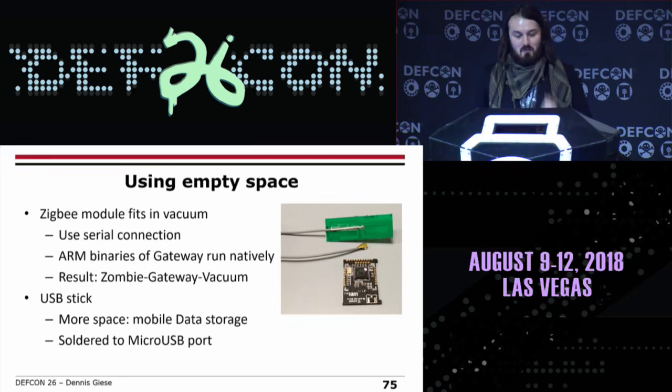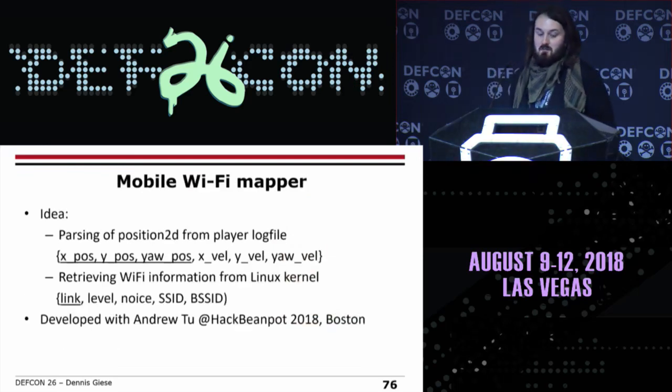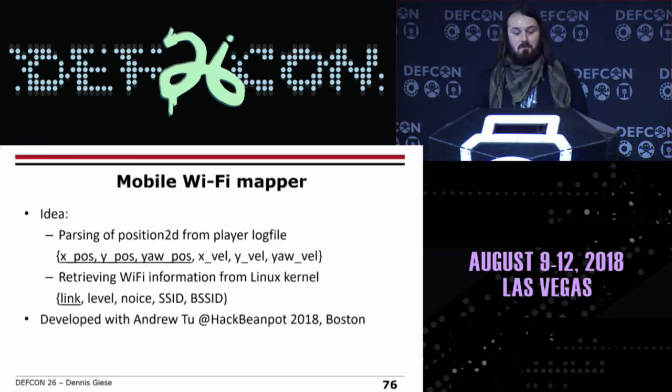Another thing some people did is they try to put more software on the device, but the thing is you have only 512 megabytes on this partition, and one workaround for this is theoretically you can solder a USB stick into this thing, so you have more space. Another example, you can use it as a mobile Wi-Fi mapper.